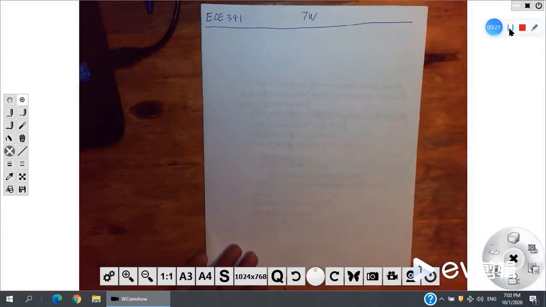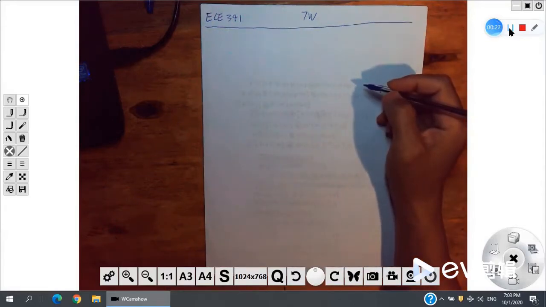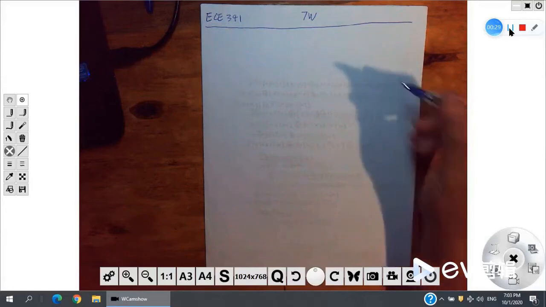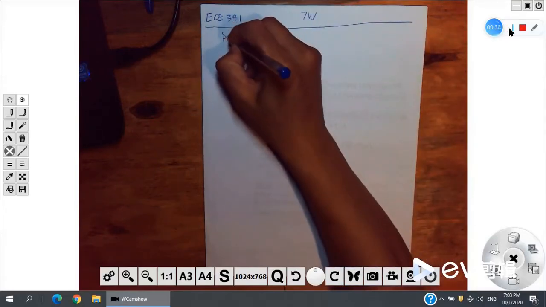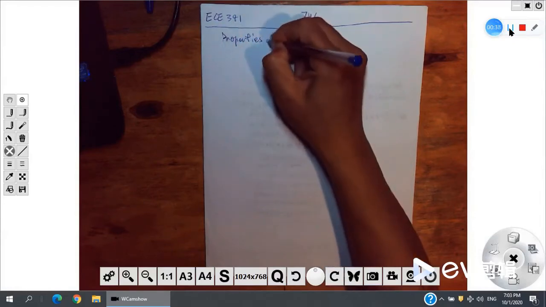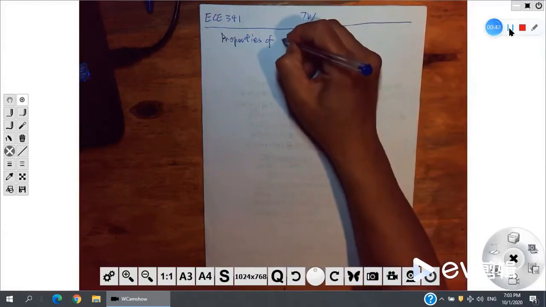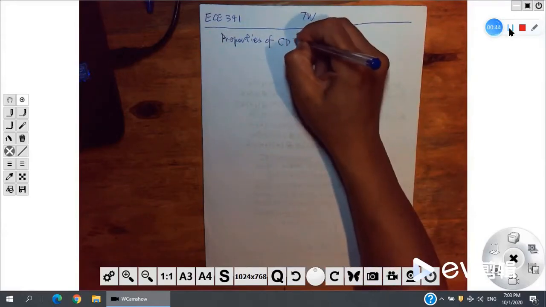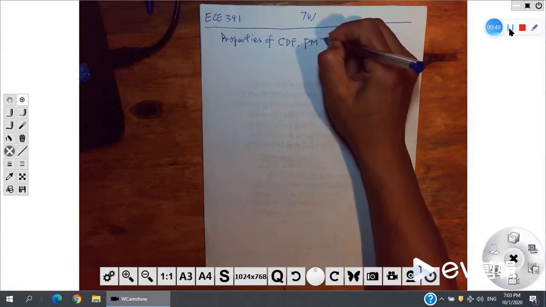Okay, so we already studied the random variable. We studied some functions about the random variables. So now we consider some properties of those functions. Which kind of functions? Remember that? Yeah, we have the CDF. We have the probability mass function, PMF.